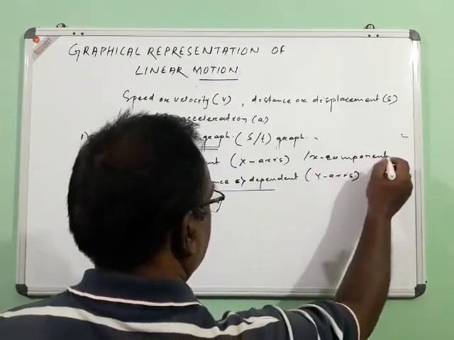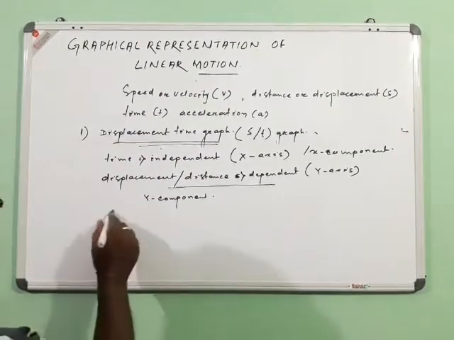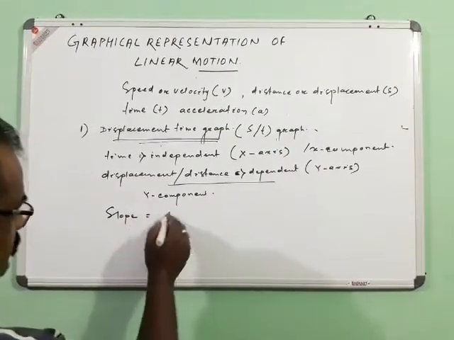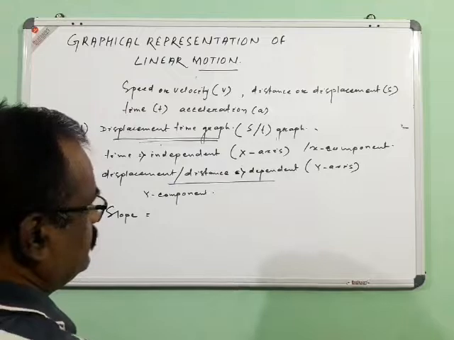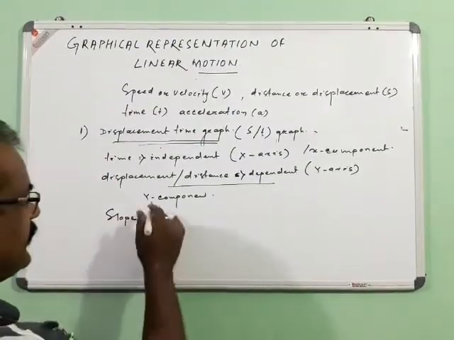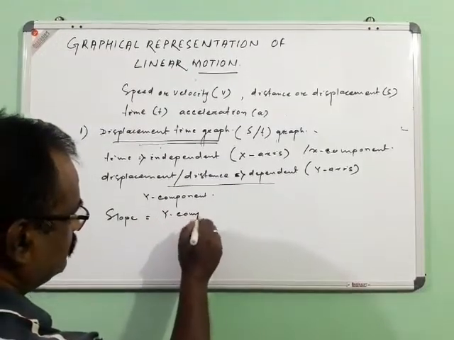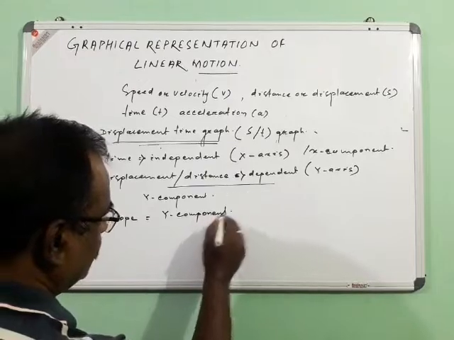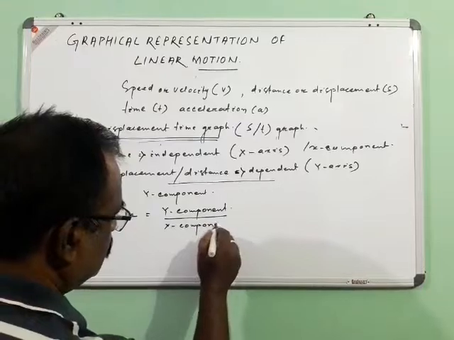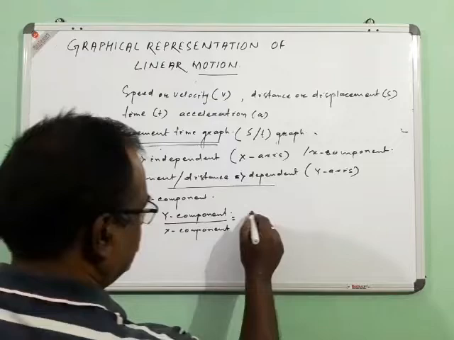Therefore, as we have discussed earlier, the slope of the graph is equal to the y component with respect to the x component. So in this case, indirectly we can say that the difference in y value with respect to the x value, the y component, represents displacement.